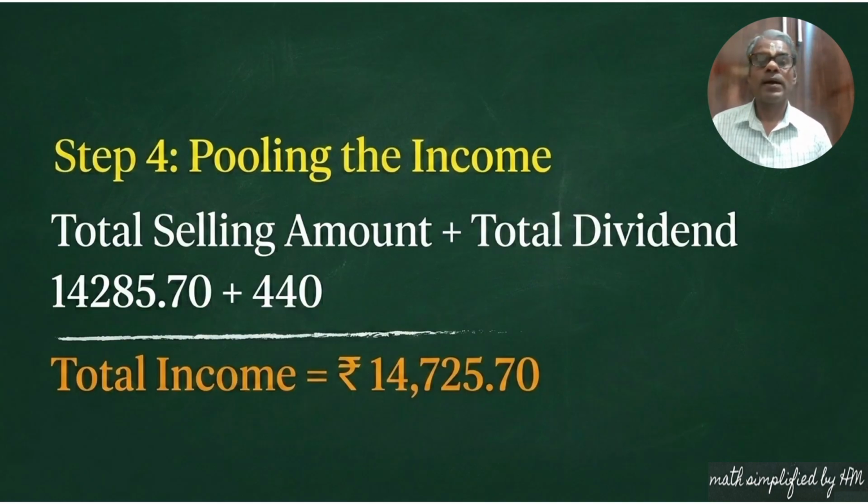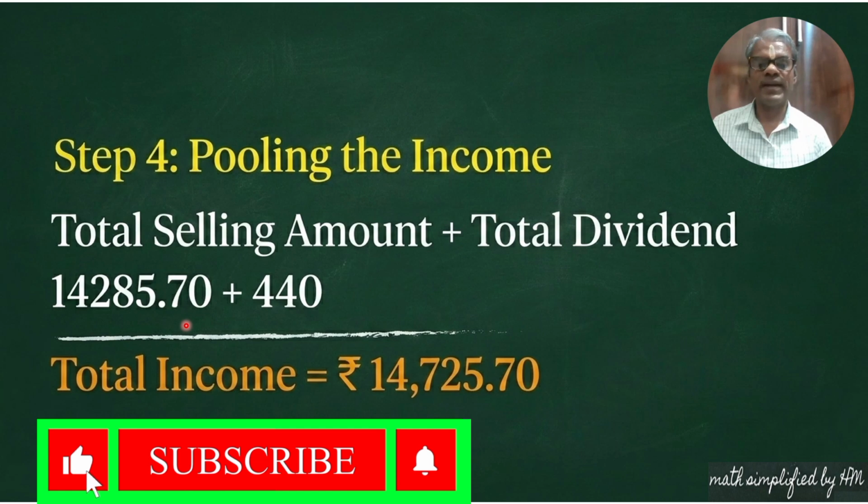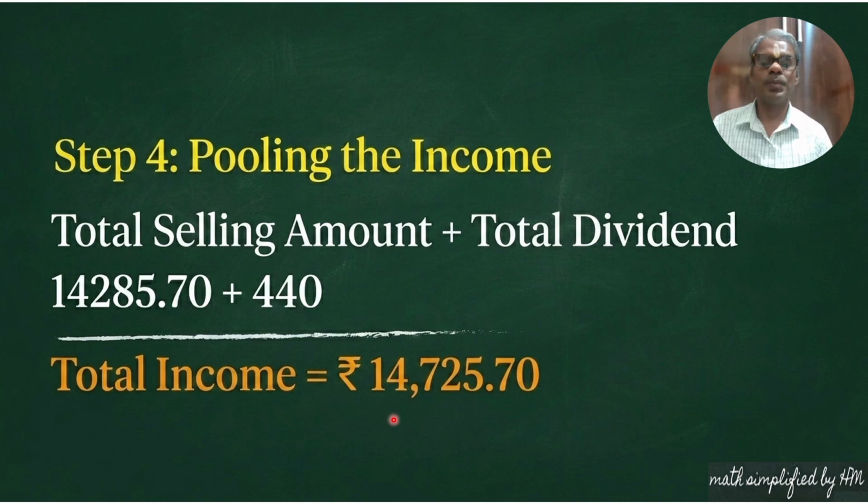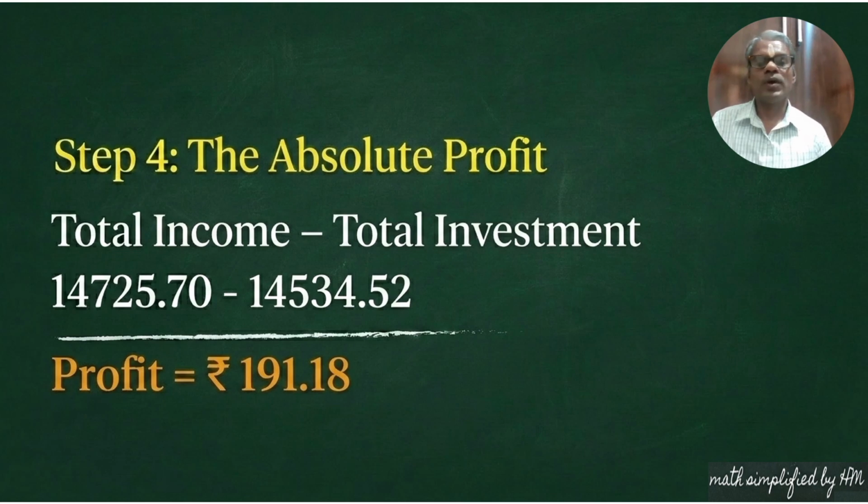Now step 4: pooling the income. Now total selling amount plus total dividend gives us rupees 14,285.70 plus 440 gives final total income is equal to rupees 14,725.70. Now step 4 continued. The absolute profit.